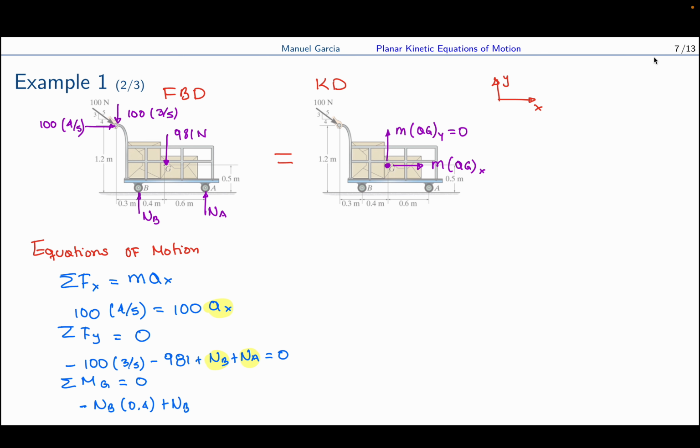What else do we have? We have this horizontal component, which is producing a negative moment, so it is the force multiplied by this distance, and this distance is 1.2 minus 0.5, so that's 0.7.